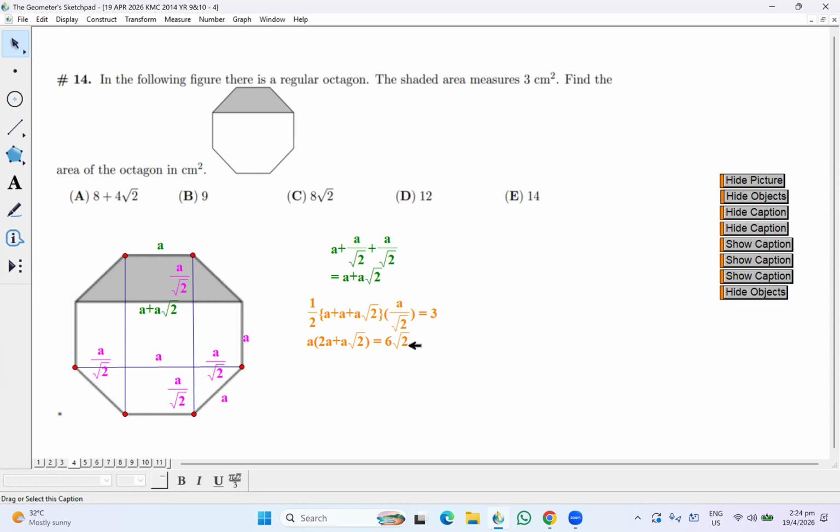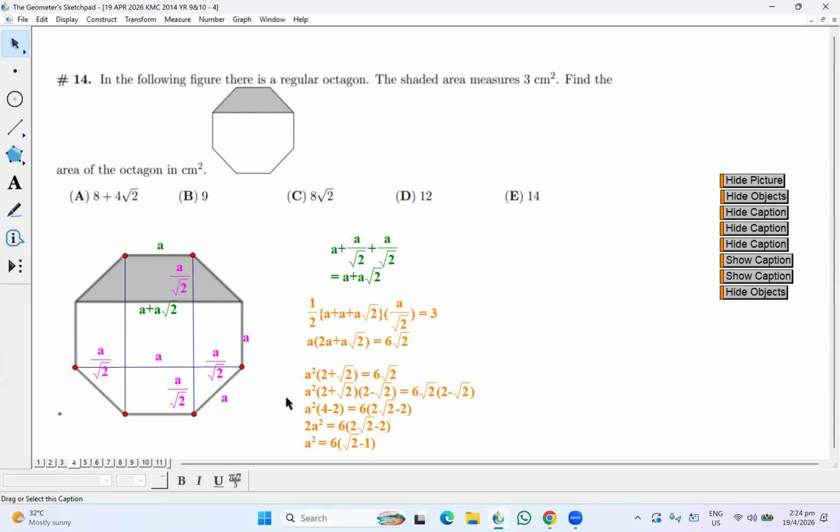6 root 2. Then here A plus A is 2A and plus A root 2. And this A we put in the front. Our aim is to find A, then only we can calculate the octagon. So you got A square, take out the A square, then you got 2 plus root 2 equal to 6 root 2.